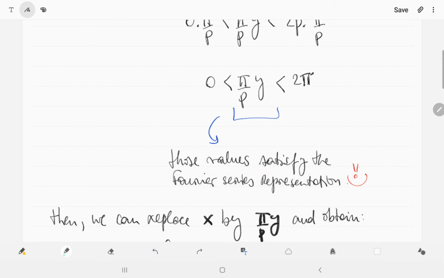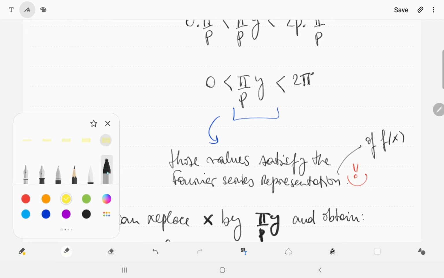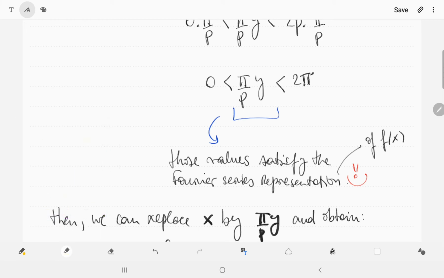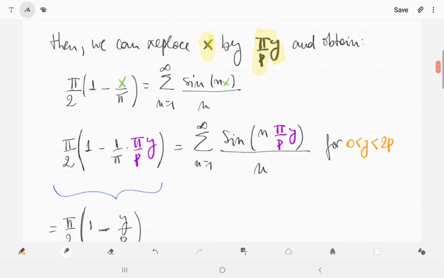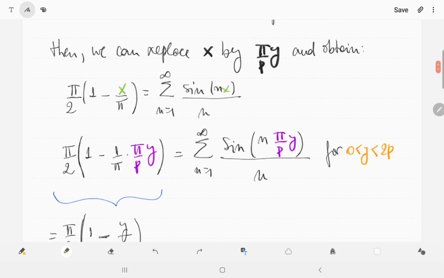So we can replace x in the Fourier representation by this new candidate, new x, because it's an admissible value. And what happens if we do that? Let's check our calculations.